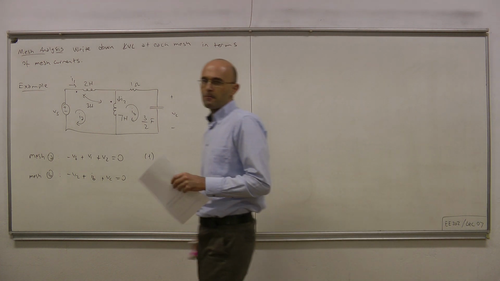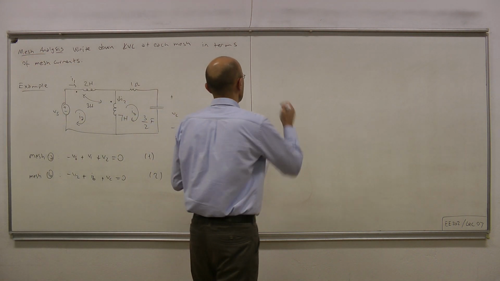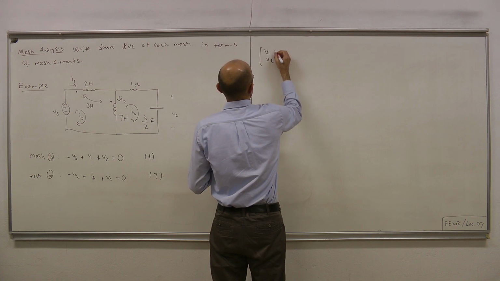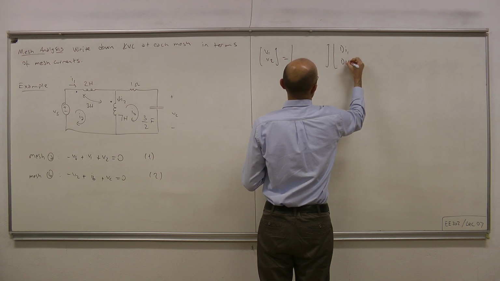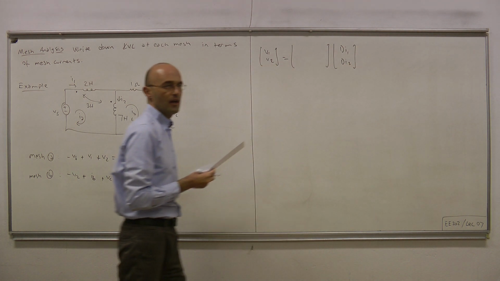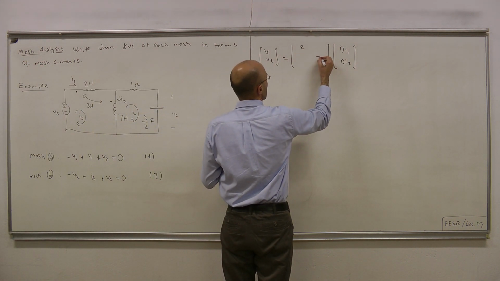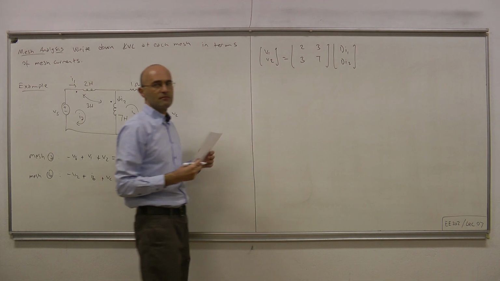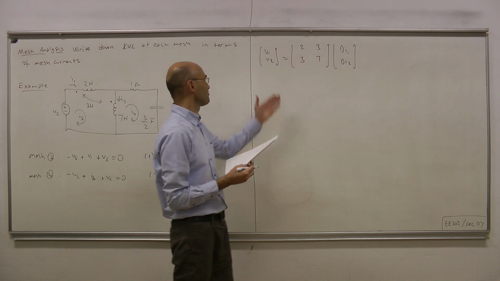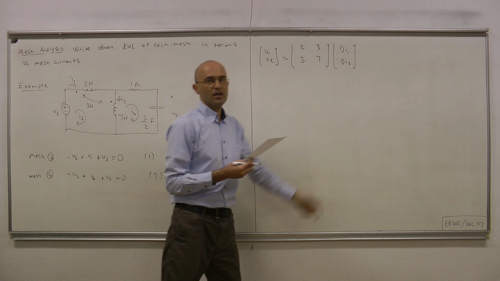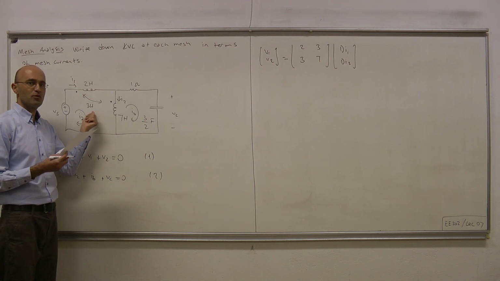Now again, let's start by writing the terminal equation for the coupled pair of inductors. So what we have is [V1, V2] equals the inductance matrix, [2, 3; 3, 7], times [d i1, d i2]. In this case we don't have to deal with the inverses because we have these in terms of currents already, and currents we can express easily in terms of the mesh currents.